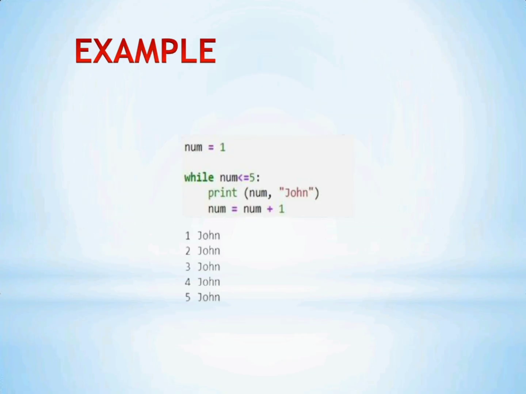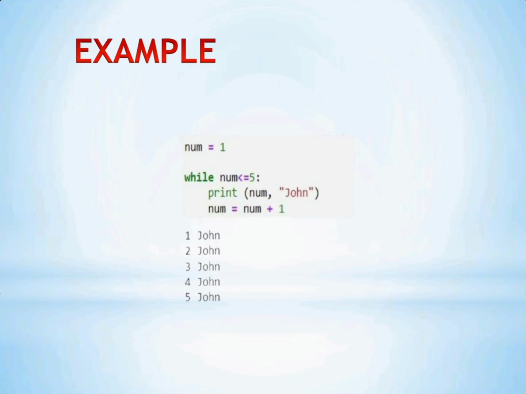Here I'll show you an example. num = 1; while num <= 5: print num, John; num = num + 1. So in this example, num is equal to 1. Number is a variable, and now I am assigning it a value of 1. While number is less than or equal to 5, is it true?